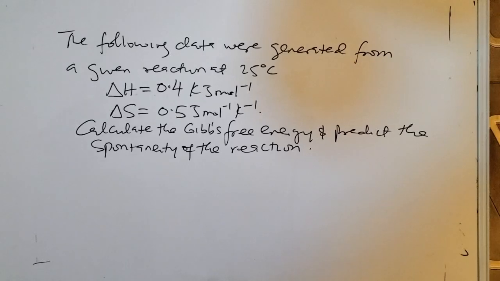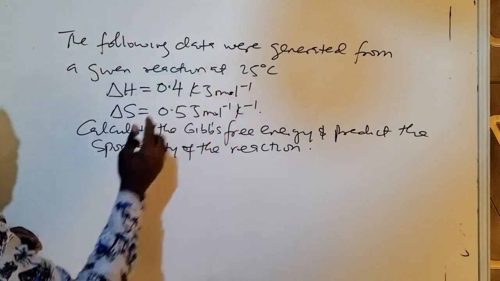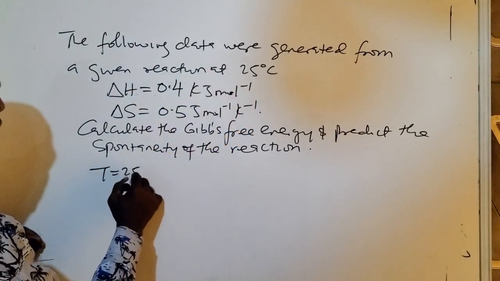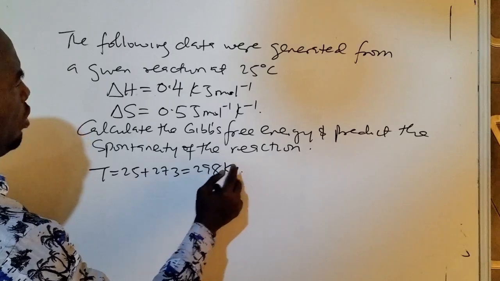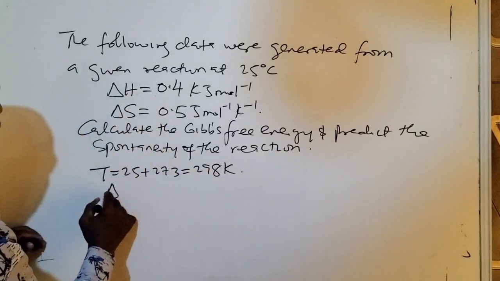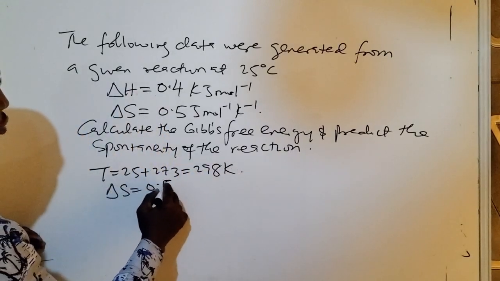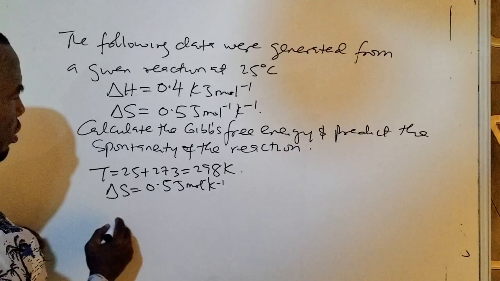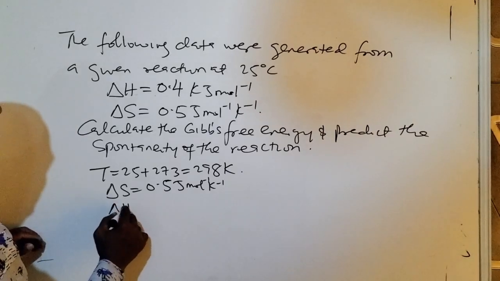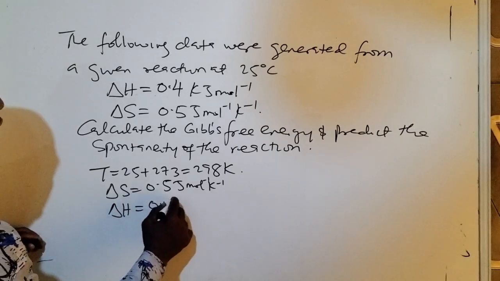If you go to the equation, we're given the temperature, 25, convert to Kelvin by adding 273, that gives you 298 Kelvin. You're given the entropy change, which is 0.5 joule per mole per Kelvin, and the enthalpy change, 0.4 kilojoule per mole.